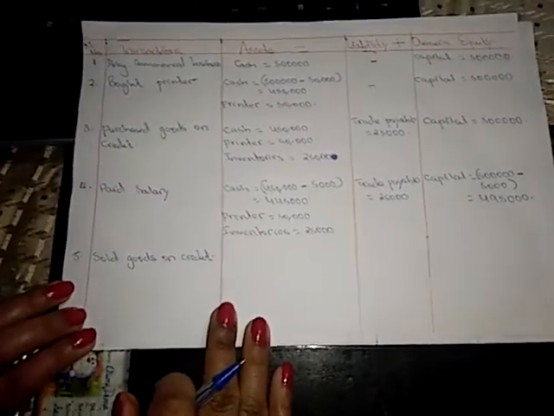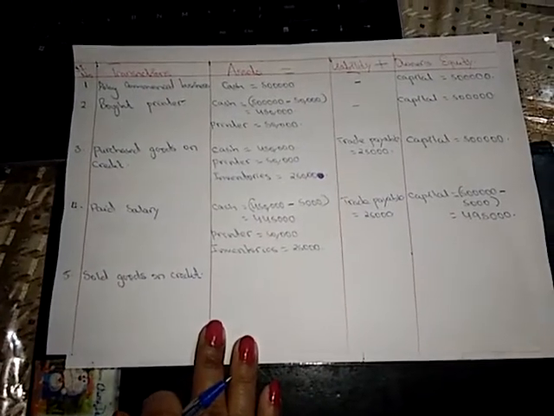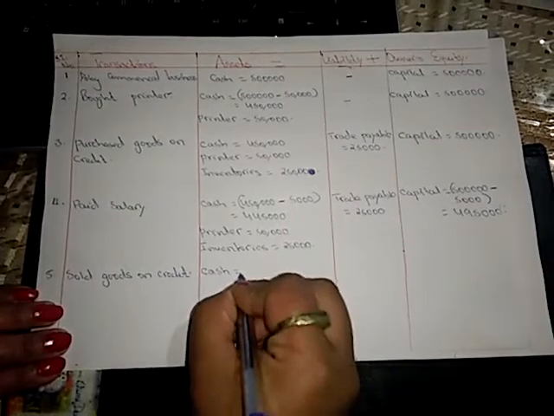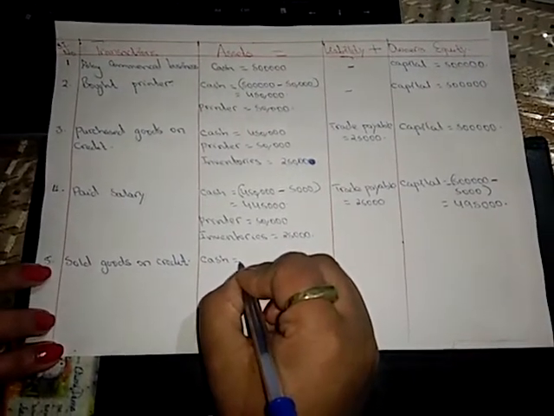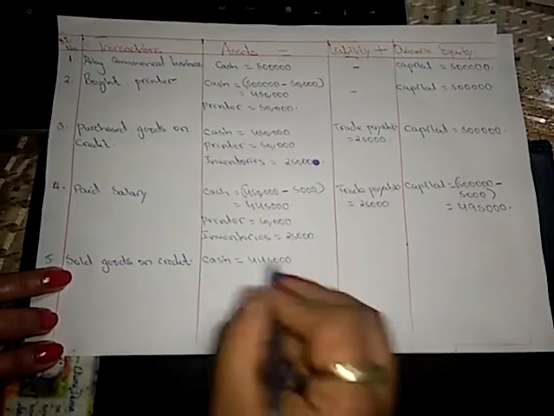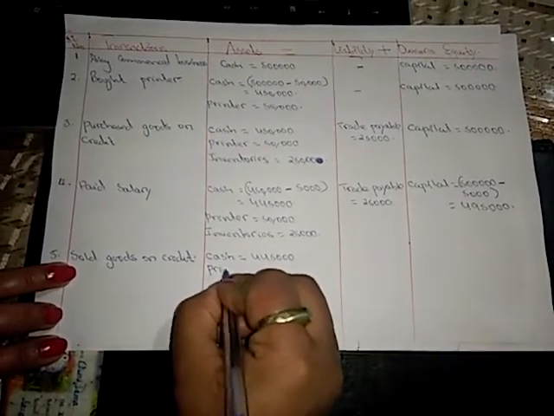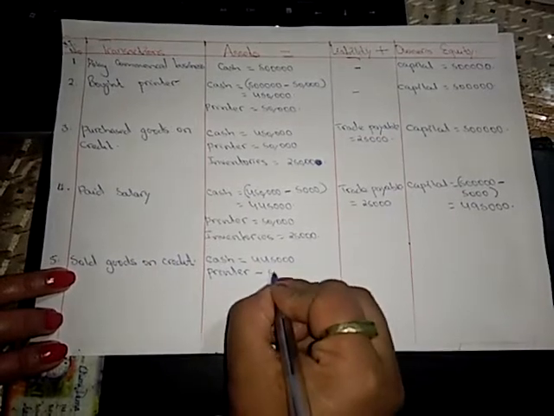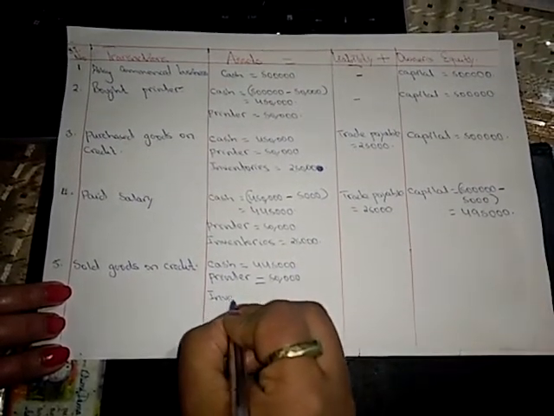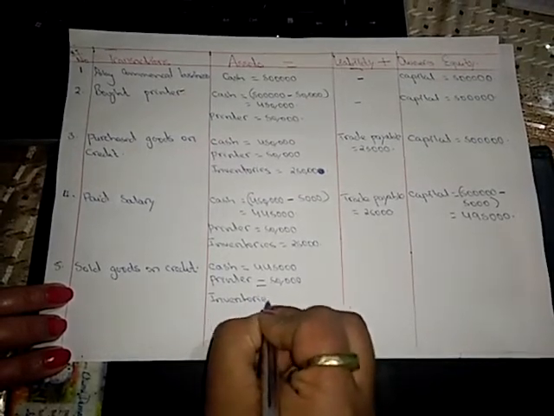Whenever you sell goods on credit, till now you did not get money, no? So cash will remain as it is. You'll get it later. Printer, nothing is being said, so write the same amount. Inventories, now see, inventories is otherwise known as goods.